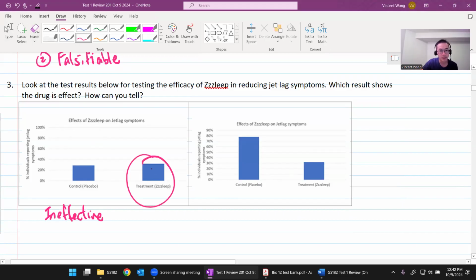You see, taking the drug has the same effect as taking the sugar. Then why would you take the drug, right? It means that it performs as well as the placebo. So this suggests it is a psychological effect, it's ineffective. Over here, only the drug is able to reduce the jet lag, which is what we would expect from an effective medication. Okay, that's all.